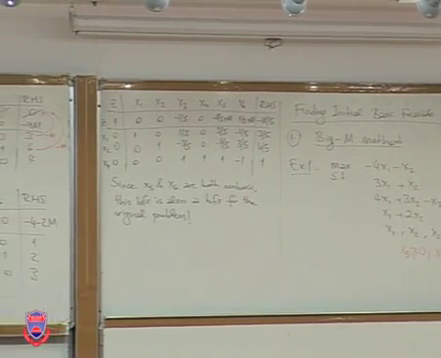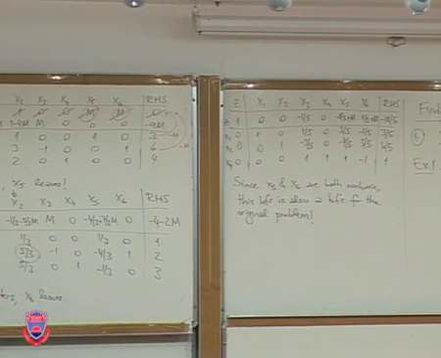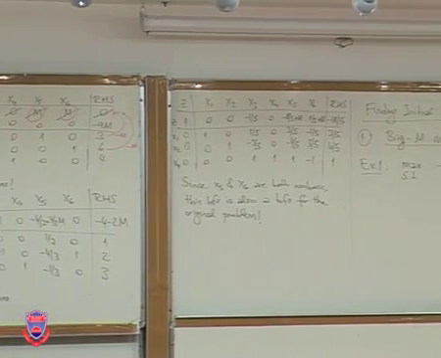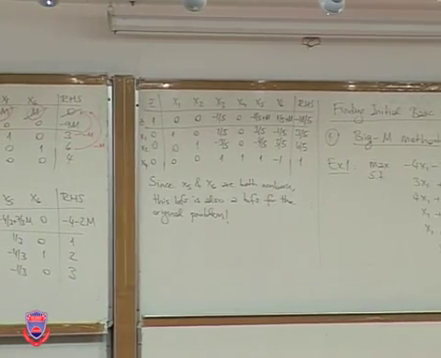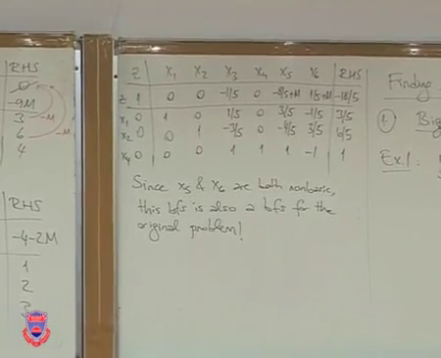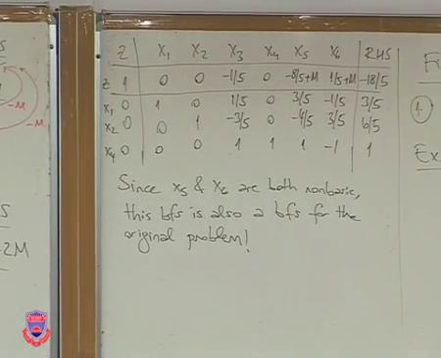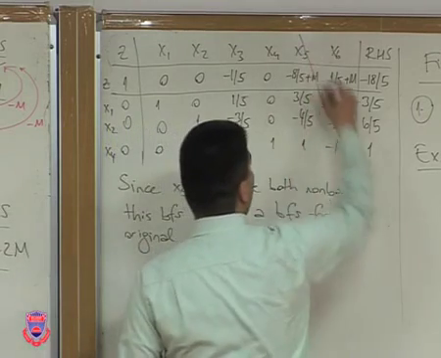So as a result, at this stage, I know that if you look at the coefficients of x5 and x6 in row 0, their coefficients are positive and very large, basically, right? Because of m. So which means that if I try to increase x5 or x6, that will never help me, basically, right? That will always make my objective function value worse. So at this stage, you can now get rid of x5 and x6 altogether.